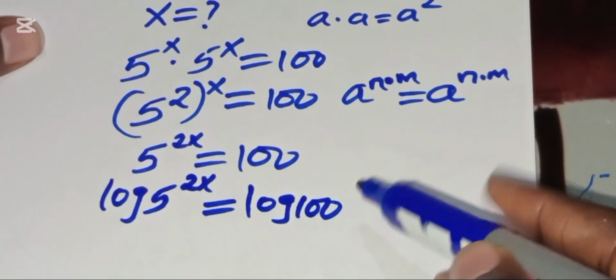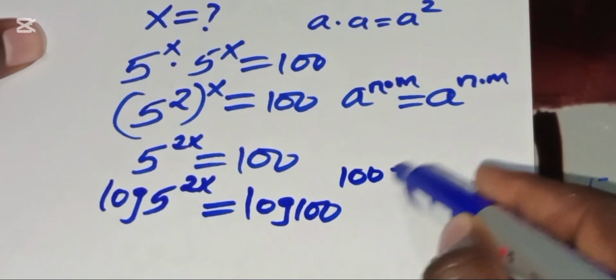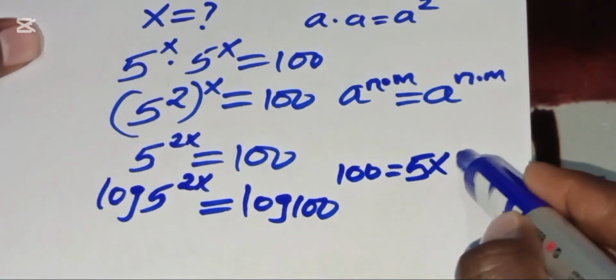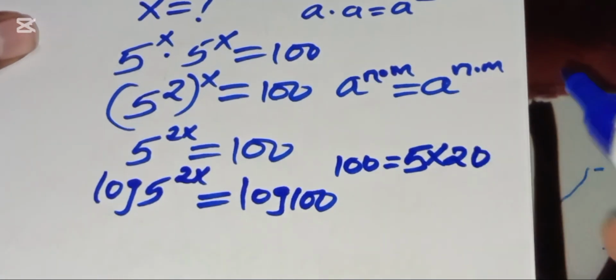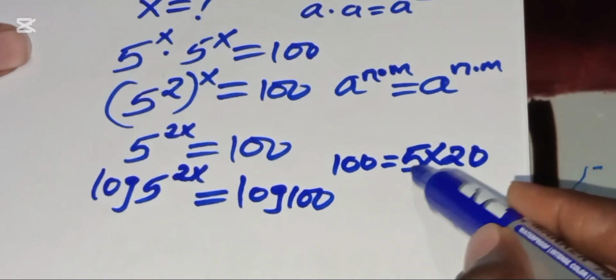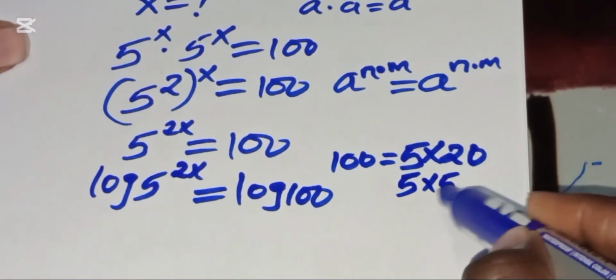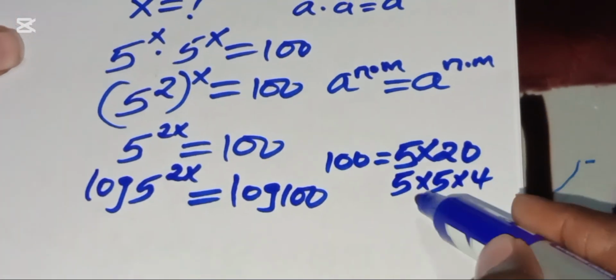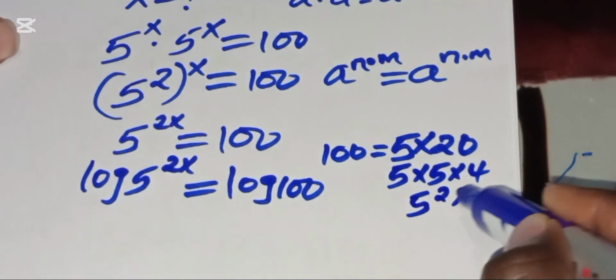So 100 can be expressed as 5 times 20, or rather 5 times 5 times 4, which is the same thing as 100. So this is 5 squared times 4.